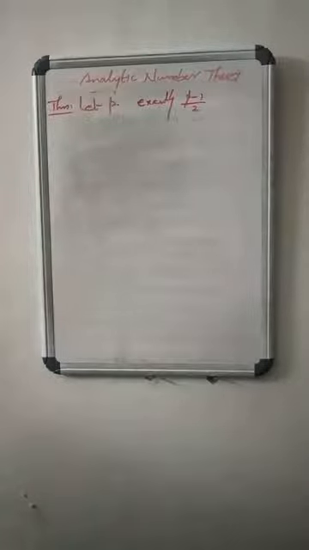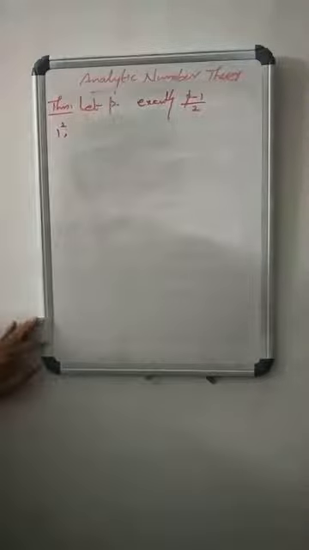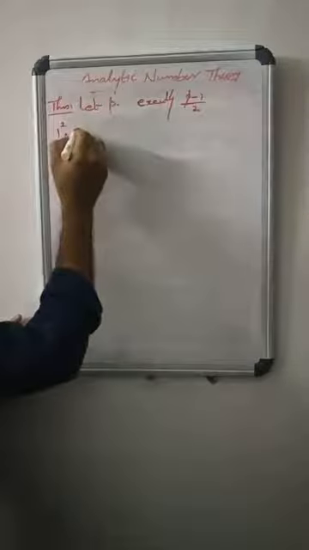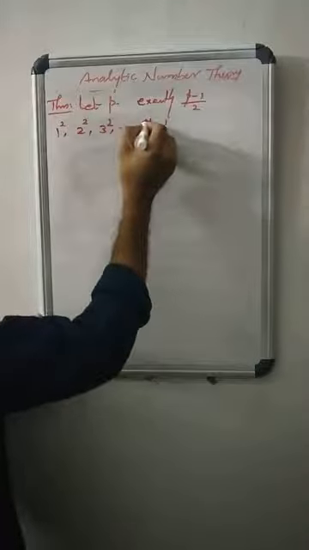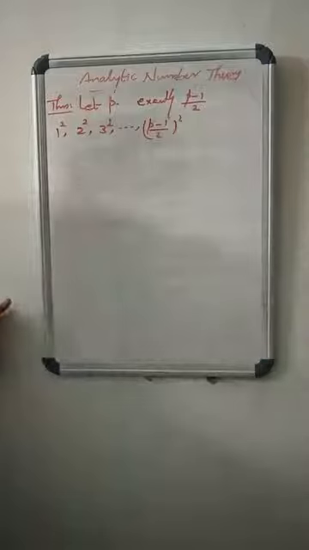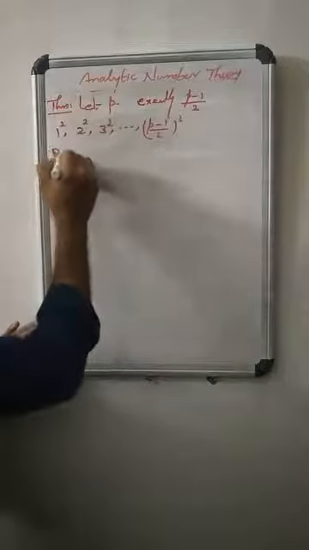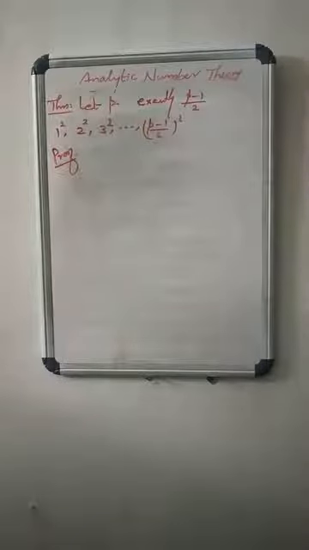The quadratic residues belong to the residue classes containing the numbers 1 square, 2 square, 3 square, etc., up to ((p minus 1) by 2) whole square. Okay. So there are exactly (p minus 1) by 2 quadratic residues and exactly (p minus 1) by 2 quadratic non-residues. We have the numbers 1 square, 2 square, 3 square, etc., ((p minus 1) by 2) whole square are distinct mod p.